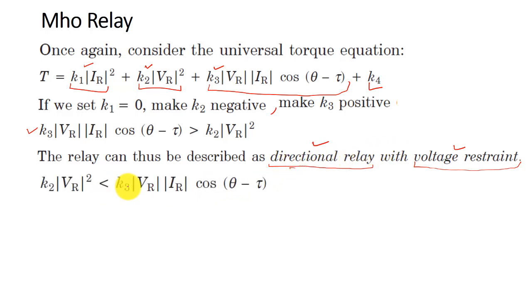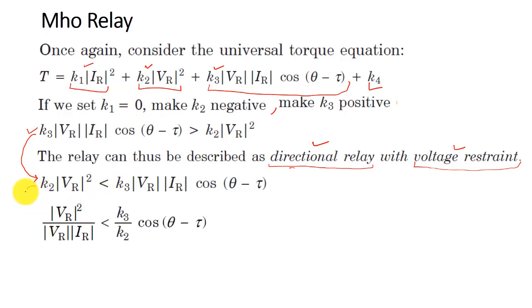So I can write this equation as k2 Vr squared less than k3 Vr Ir cos theta minus tau. After rearrangement I find Vr squared by Vr Ir less than k3 by k2 cos theta minus tau.